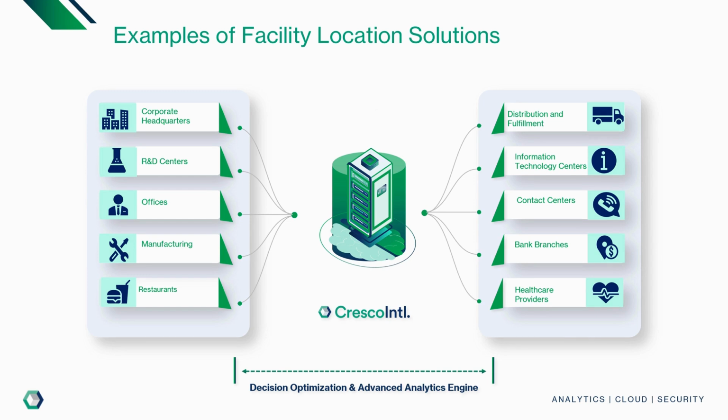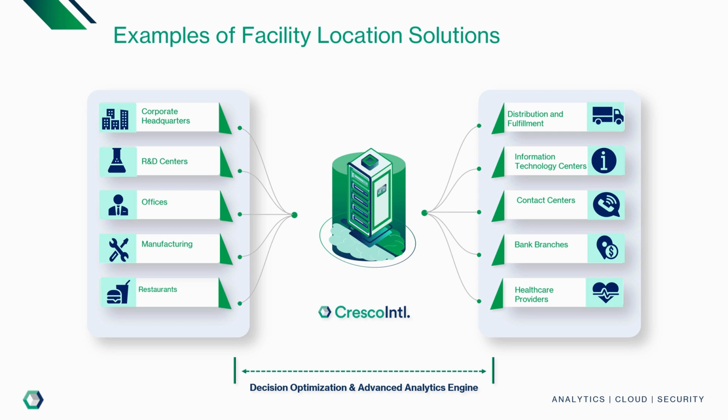Our facility location optimization solutions have been applied to determine ideal sites across a wide range of different facility types. For corporate headquarters, key factors include cost, certainly, but also operating environment, economic incentives, employee relocation impacts, proximity to customers and partners, long-term industry growth potential, and the ability to foster innovation.